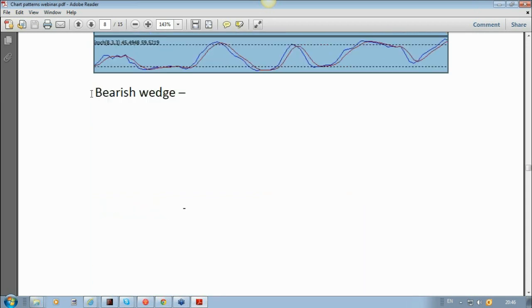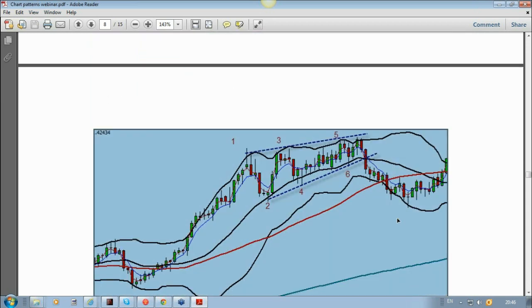See another bearish wedge example from the euro dollar daily, 2008. 1, 2, 3, 4. Sideways to 5, down to 6, retrace, and bam, 7.